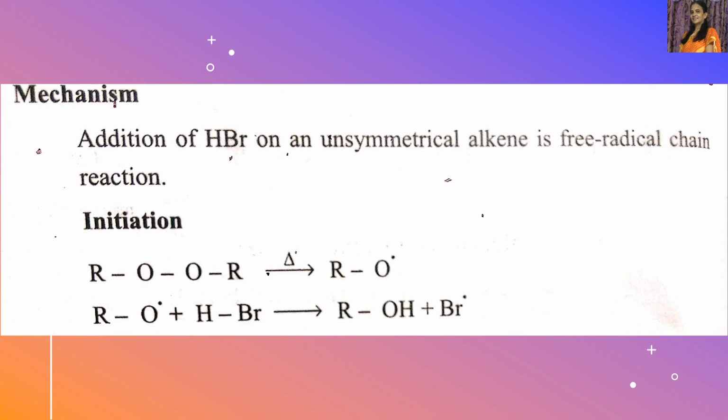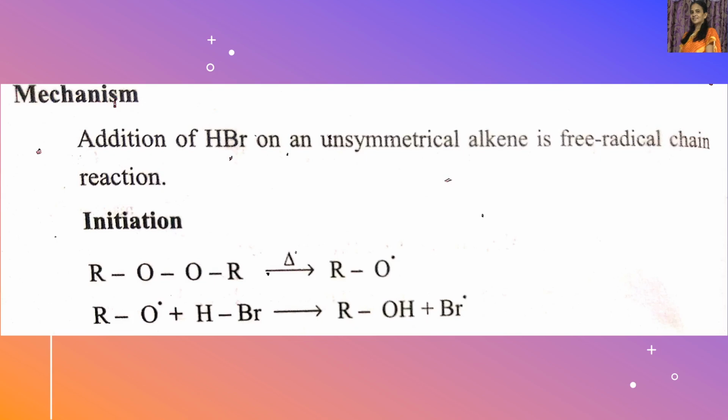The addition of HBr to an unsymmetrical alkene is a free radical chain reaction. So what are the steps involved in the chain reaction? The first step is the chain initiation step. In this step, the peroxide undergoes homolytic bond fission to form free radicals, alkoxy free radicals.